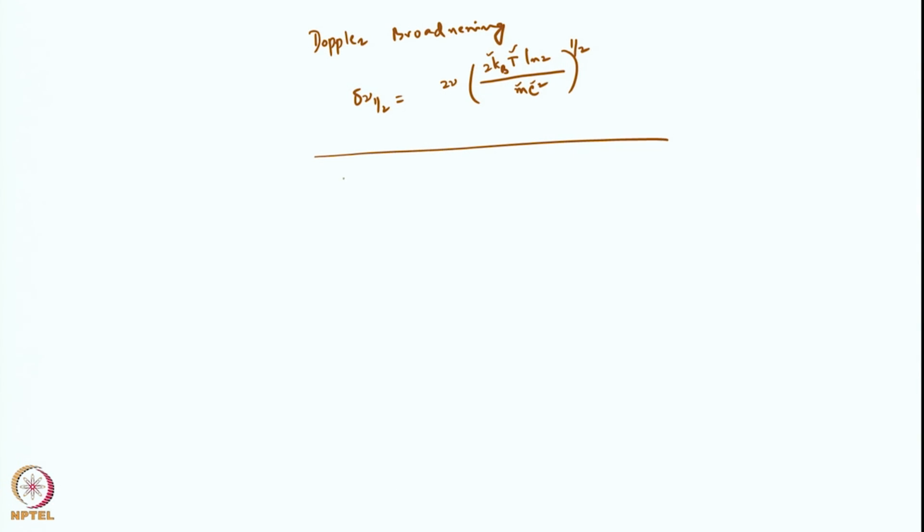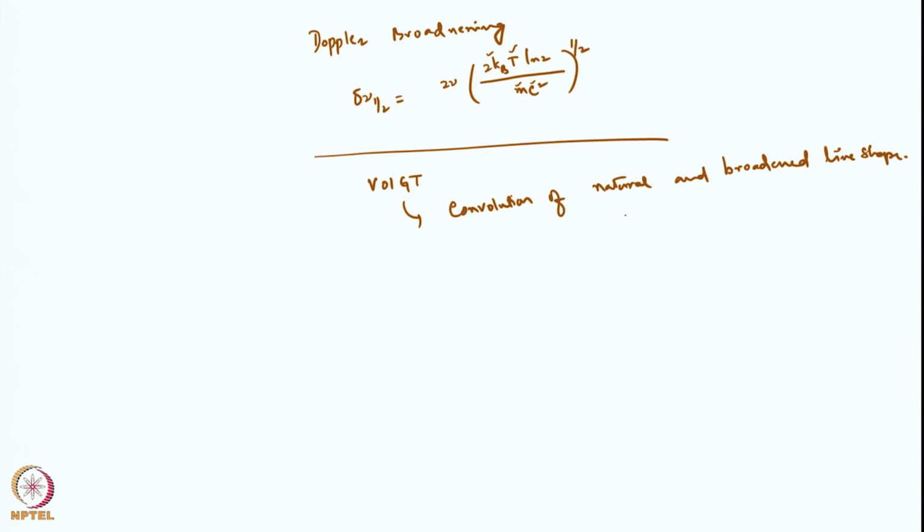Now, there is something called the Voigt profile. This Voigt profile is basically a convolution of natural and broadened line shapes.